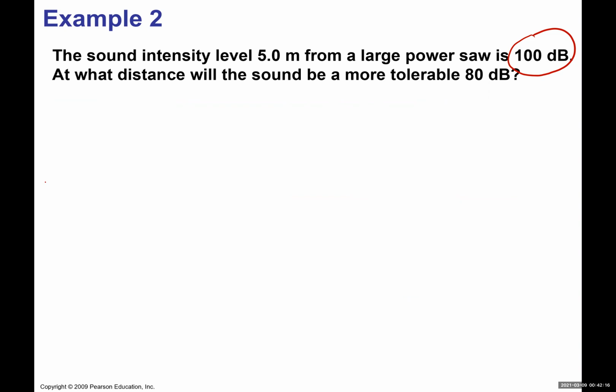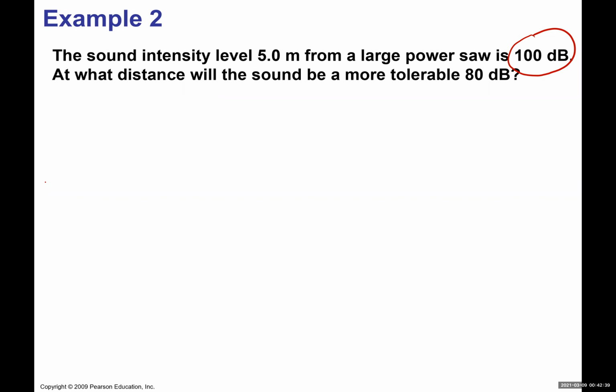So what we want to do here is, given the sound intensity 5 meters from the large power saw is 100 dB, we can see there's a difference between those two of about 20 dB.